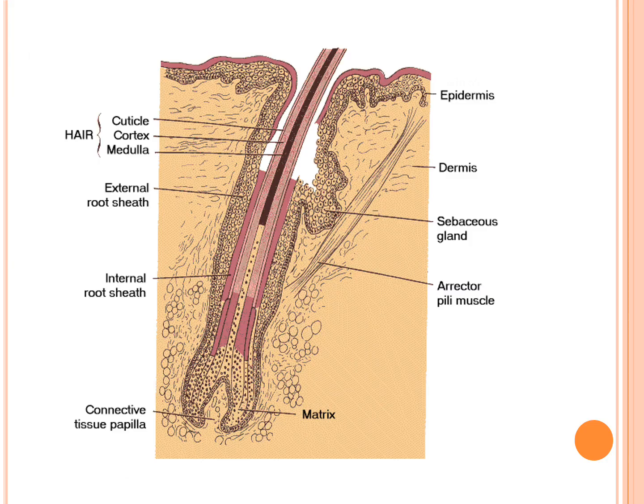So if we look at this in terms of a pictorial representation, notice we have the matrix within the root being actively dividing and propelling itself superficially. As it starts to propel itself superficially, we start getting the development of the sheath, the internal sheath and the external sheath. The external sheath will be bathed by sebaceous secretions as it passes through.